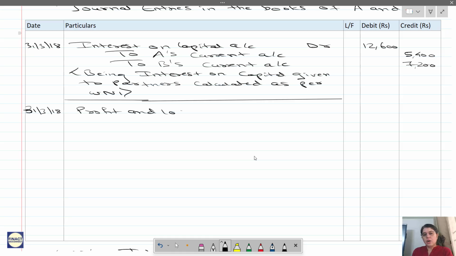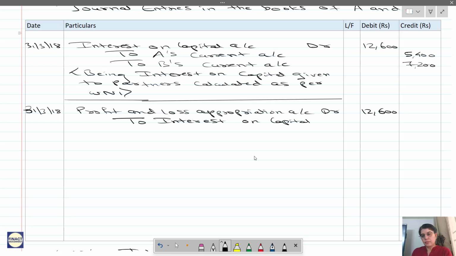Profit and loss appropriation account debit 12,600 to interest on capital account 12,600.